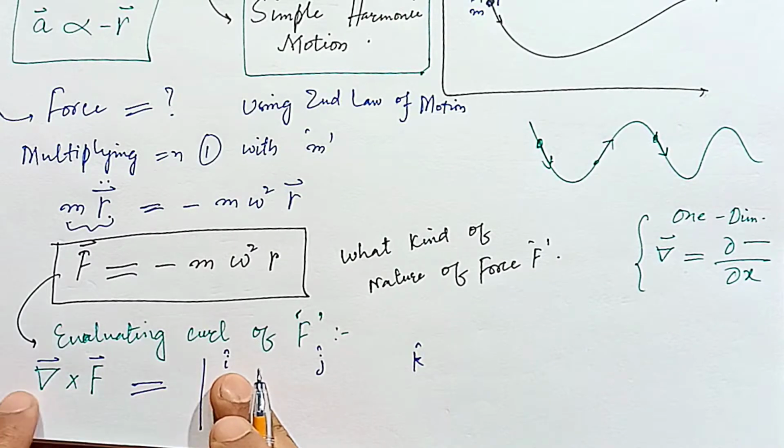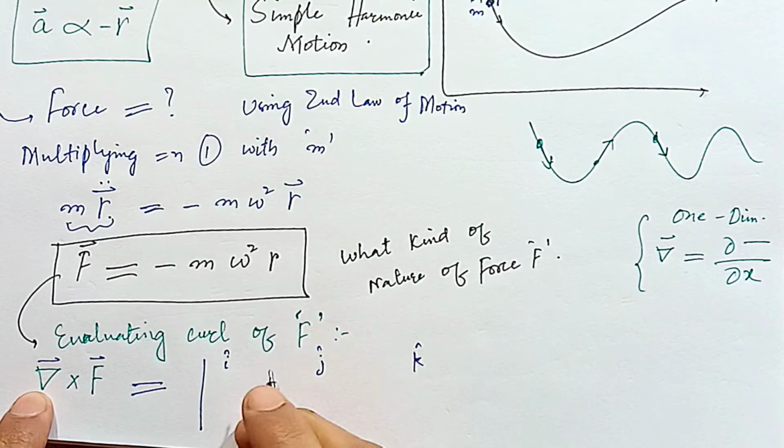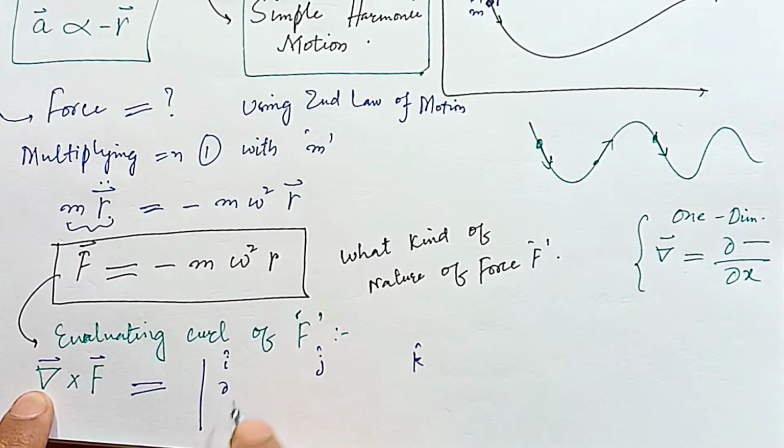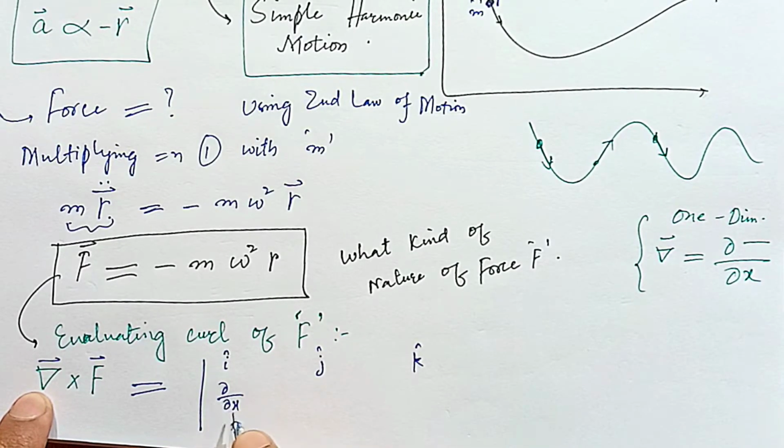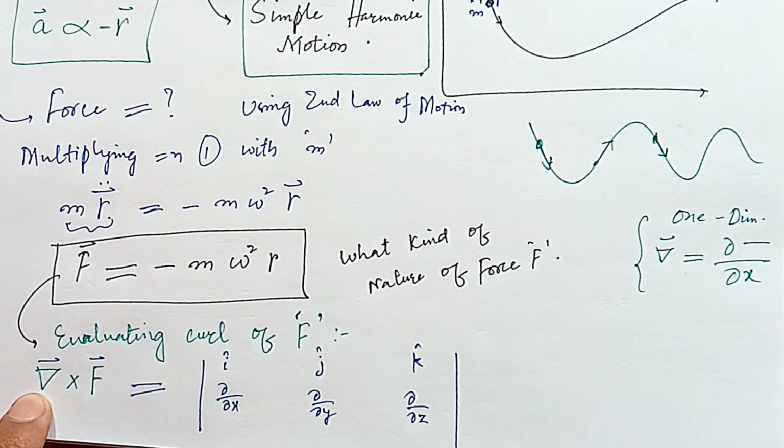What are the components of this very del? It is partial by partial x, differentiation with respect to x, along the y-axis differentiation with respect to y, and along the z-axis differentiation with respect to z. This is the determinant of this very thing.